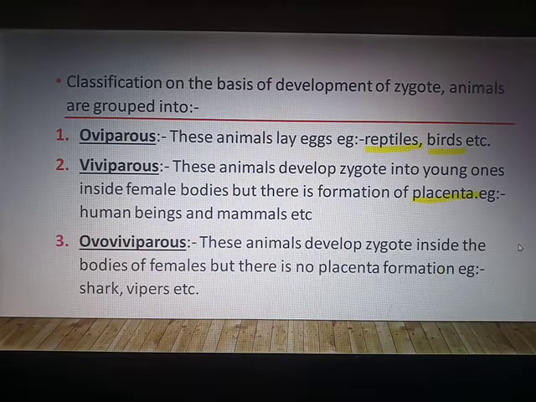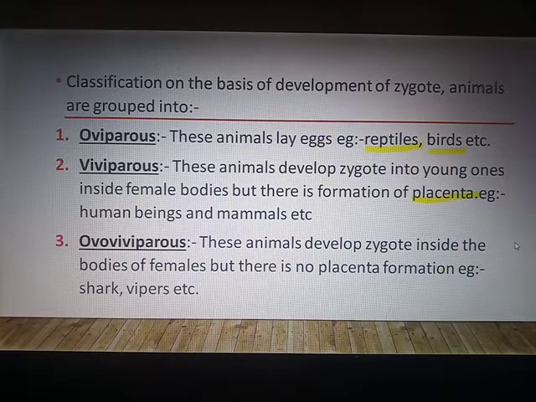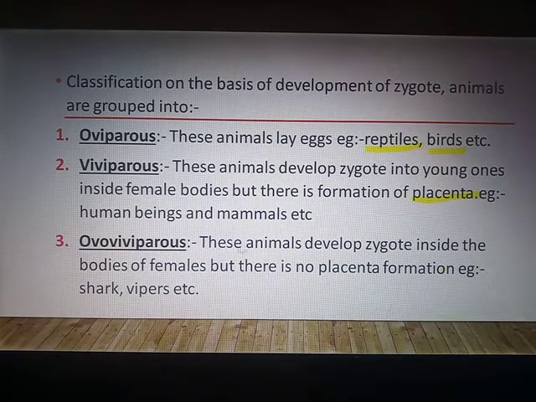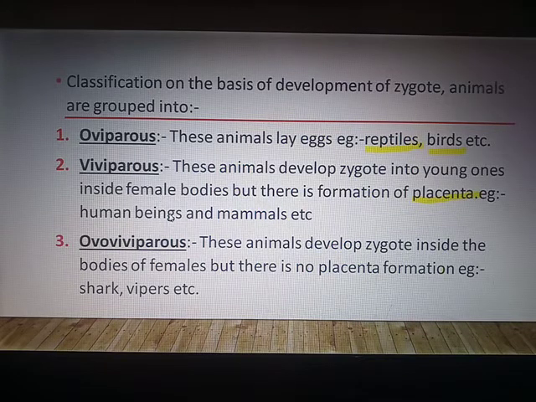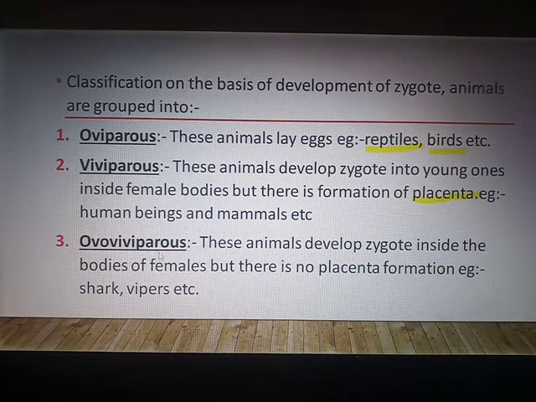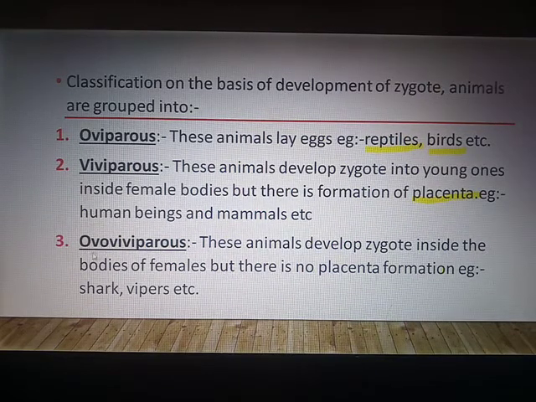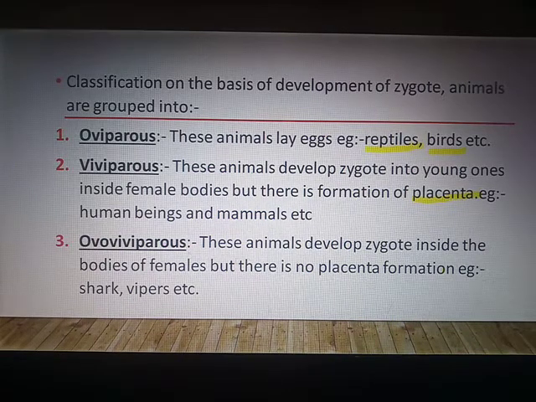Students, the next category is ovoviviparous. Ovoviviparous means these animals develop young ones inside the bodies of females. This is similar between viviparous and ovoviviparous, but ovoviviparous doesn't possess any placenta. Clear?